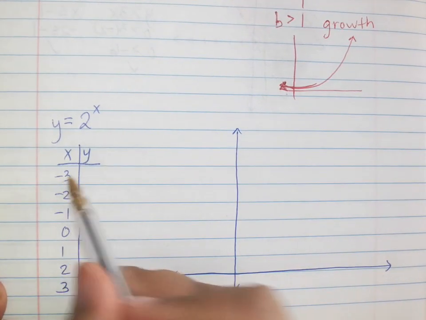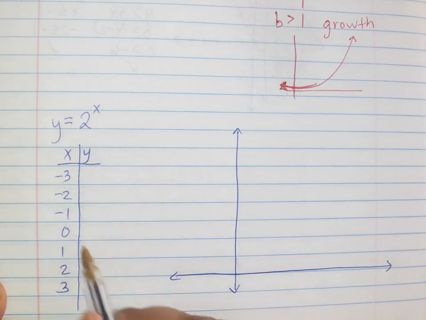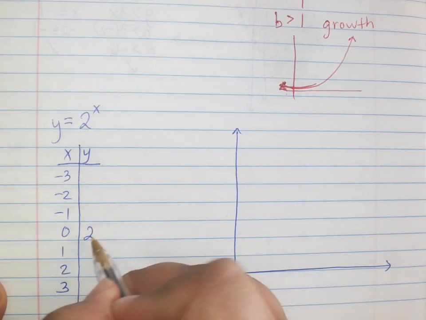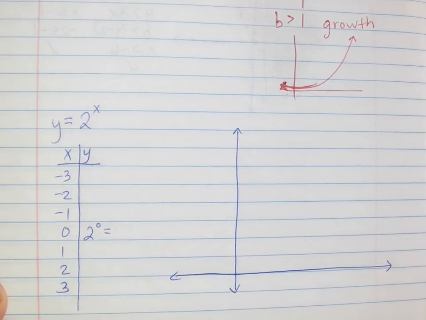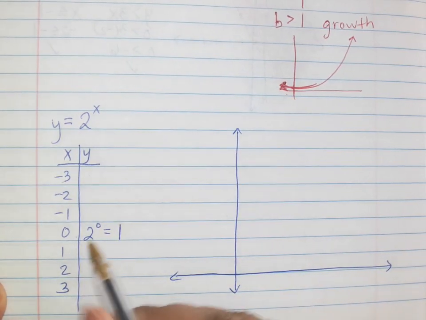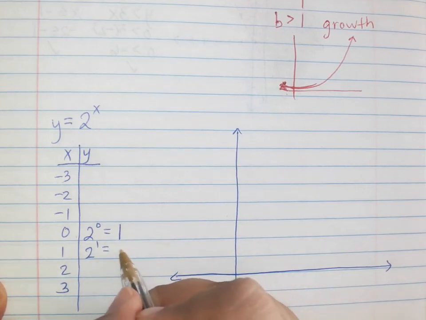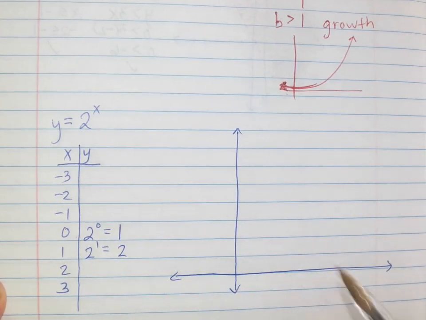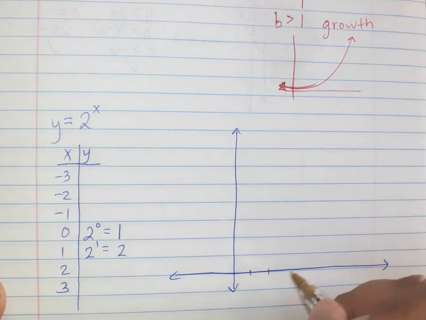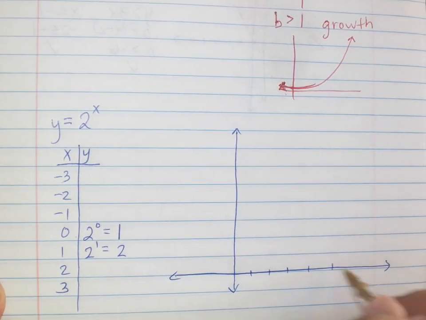If I plug in -3, actually, let's start with 0 in the middle. 2 to the 0 power. Anything to the 0 power is 1. 2 to the first power would just be 2. Let's graph these for now, and then we'll continue.